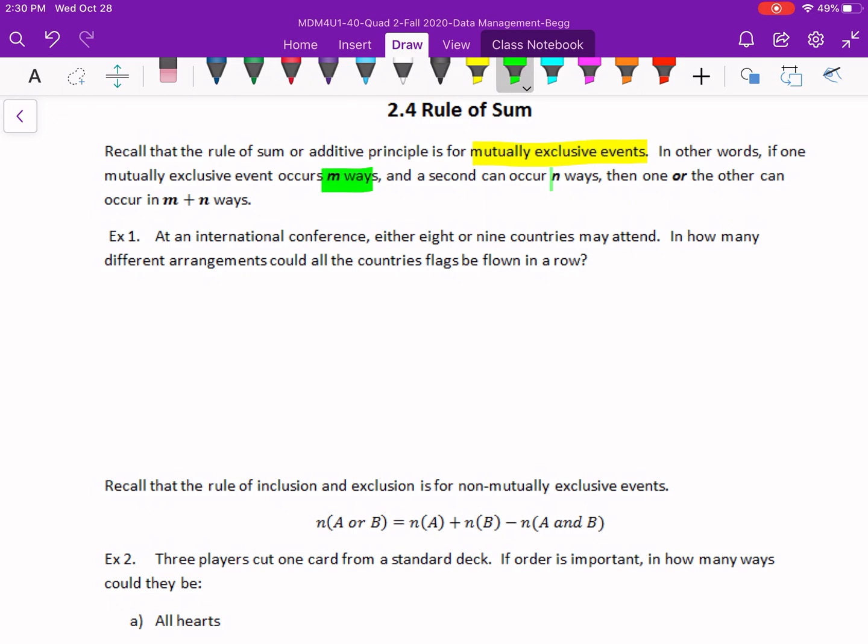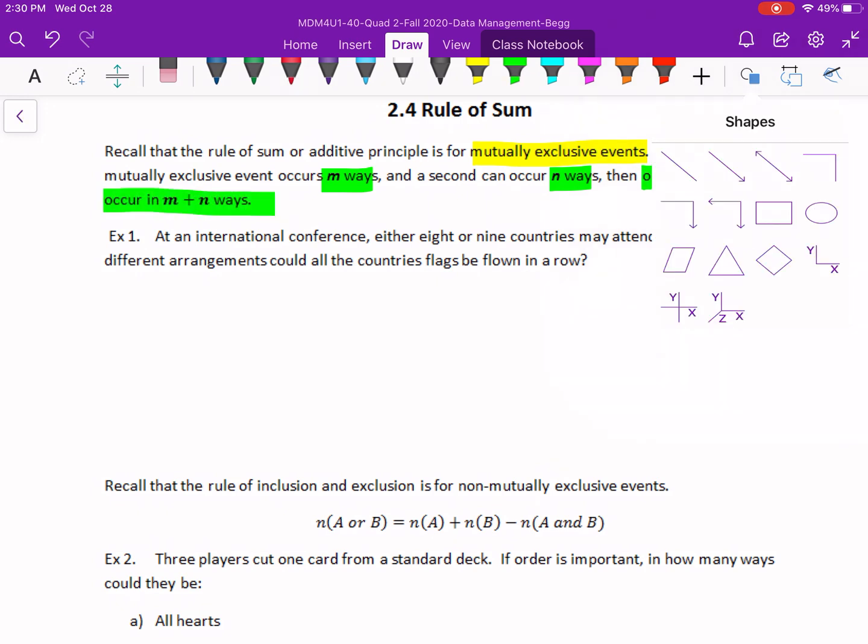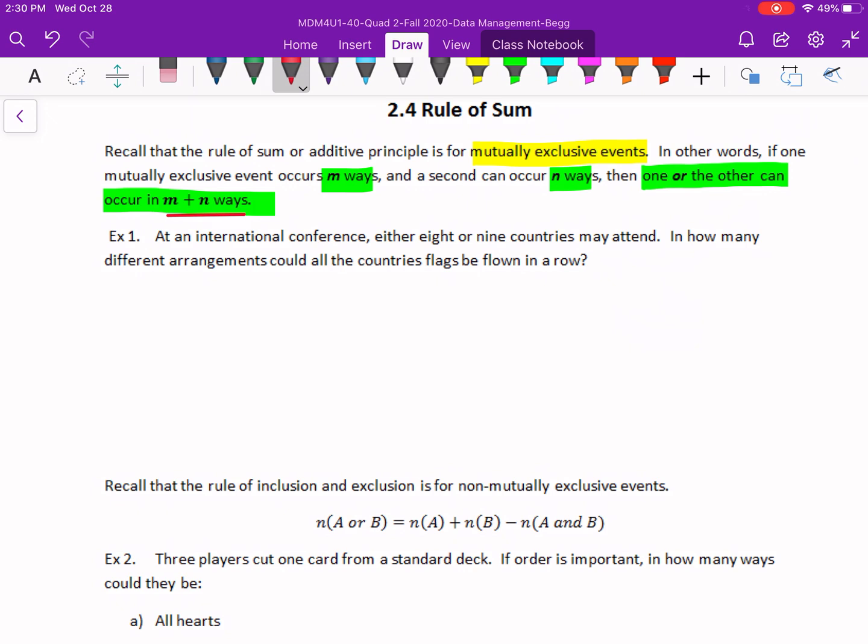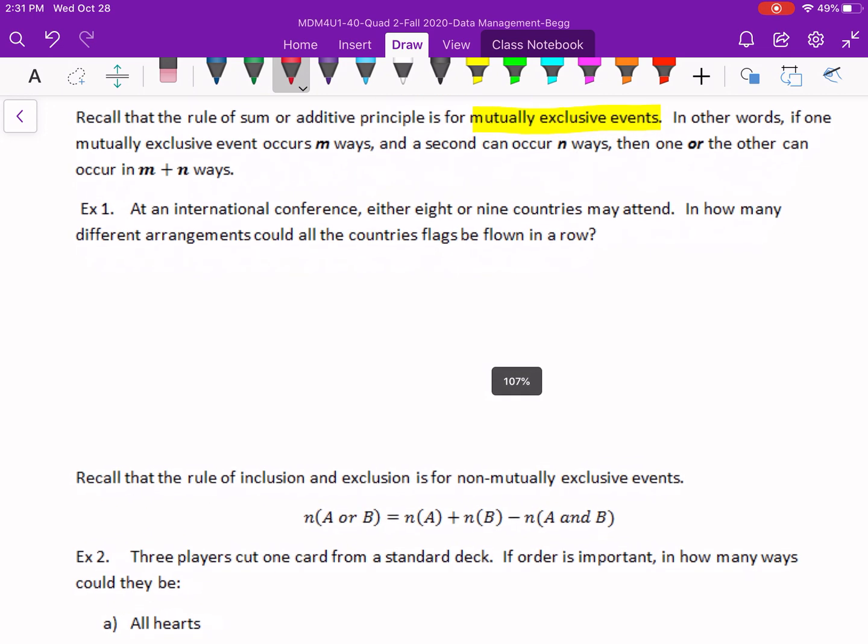So if I could get to work in 5 different ways, 5 different paths, and I could get to the store in, let's say, 7 different ways, and I wanted to know how many ways I could get to either work or the store, then there would be 12 ways, because it would be 5 plus 7.